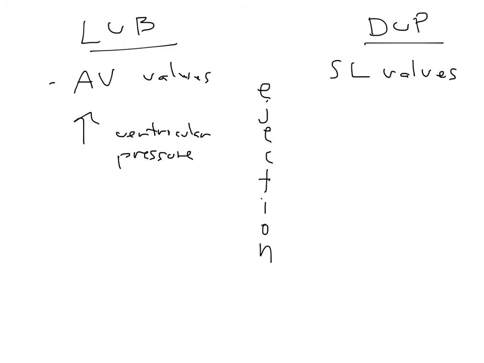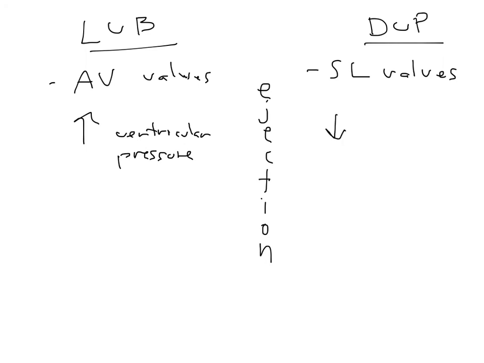Due to the continued increased pressure, which forces open the semilunar valves. As the ventricle then begins to relax, the pressure in the ventricle is reduced. This, in essence, sucks in the doors, which are the semilunar valves, and closes these valves.